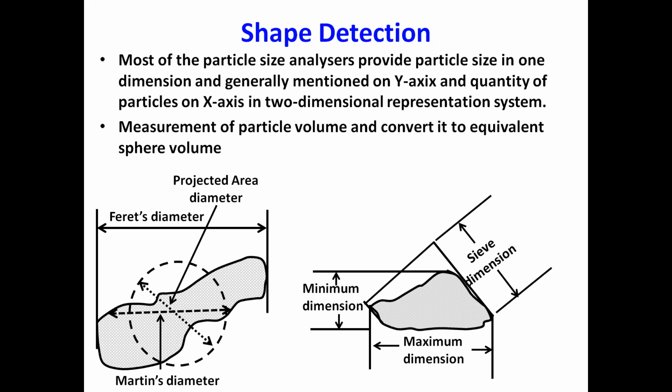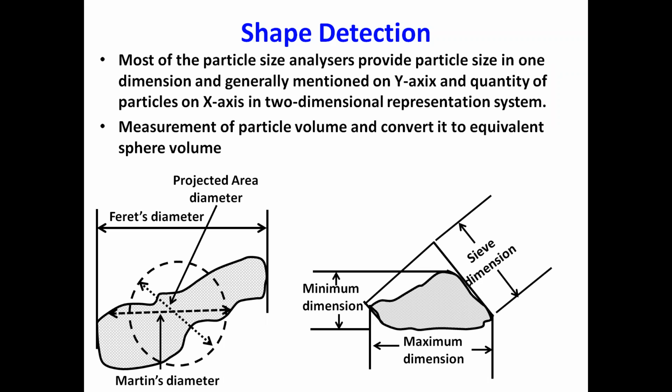There will be a mesh. If this particle comes on that mesh and finds a hole of this diameter, it will pass through that hole. That's why it is the sieve dimension. Then the minimum dimension, which can be plotted on this particle shape. Just like the maximum dimension, there is also a minimum dimension.